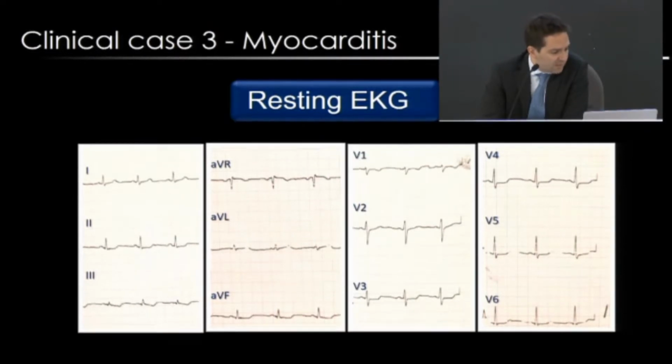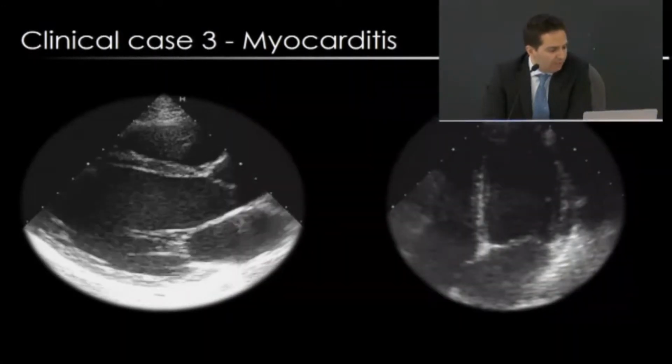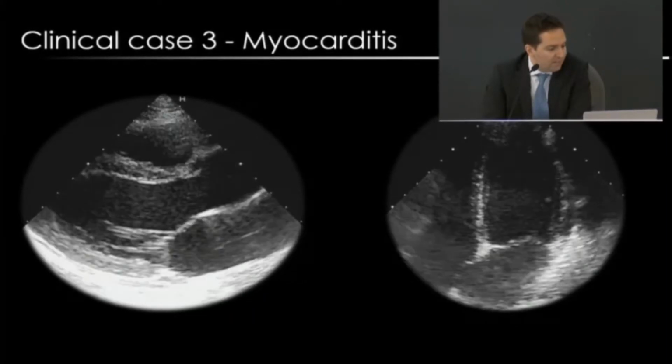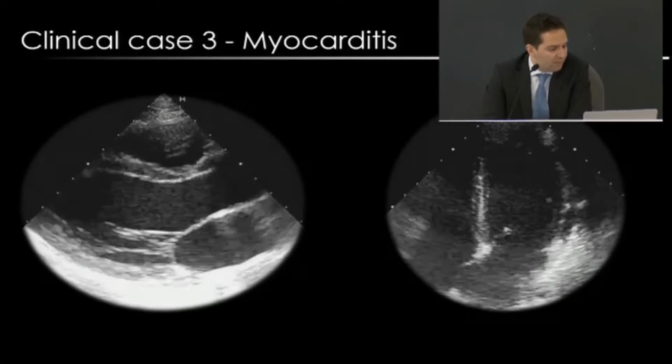There is some ST depression in inferior leads, and also here in V5 and V6, with mild abnormalities of the T wave. So at that time, I decided to do an echocardiogram, and you can see that the left ventricle was mildly dilated and the function was a little bit reduced.